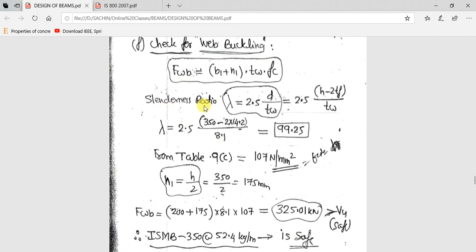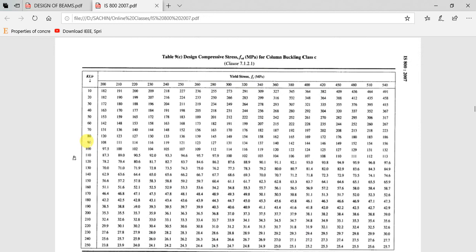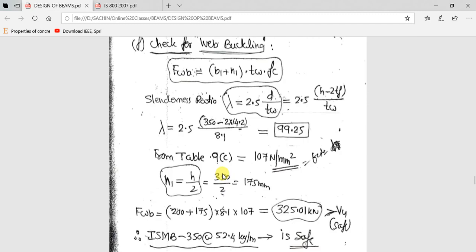The calculated value of slenderness ratio is 99.25. It falls between these two values, and for 250 you will get values between these two. Interpolating, you will get the value of FC. So this is how you get the value of FC here, that is 107 Newton per mm square.